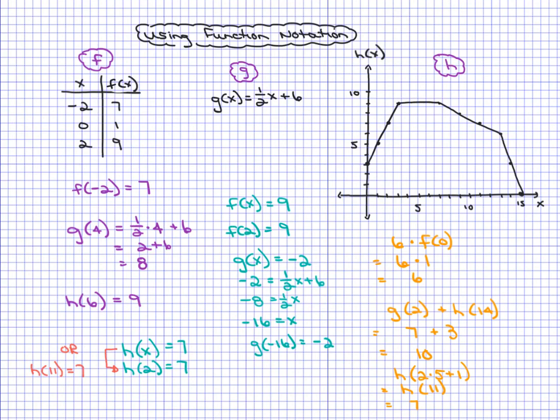With a function, every input has exactly one output, but it's absolutely fine for multiple inputs to have the same output. So that was a little nuance. Maybe when I did this example, you picked it up then, but that is an important thing to look out for. Sometimes multiple inputs can have the same output.